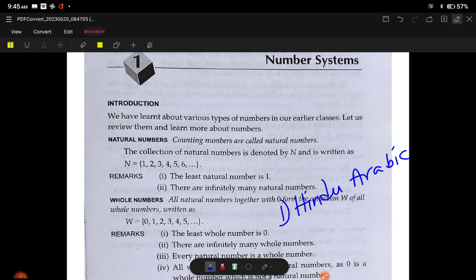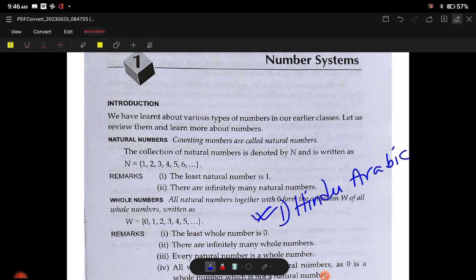These two systems we have learned. And in computers there are different types of number systems. You will get the binary system, trinary system, and different types of systems. So right now we will discuss the Hindu Arabic number system.